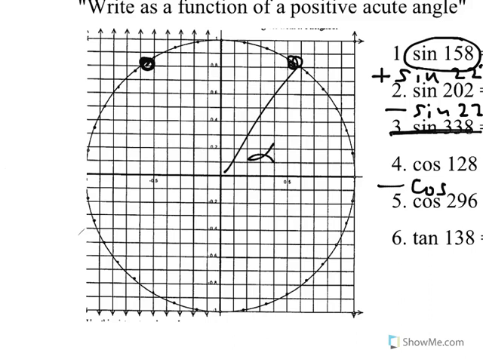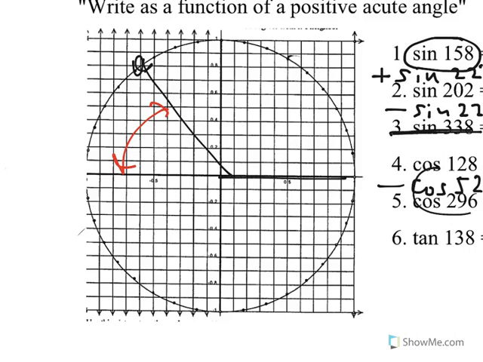But it's easier to find the reference angle by looking at how far away I am from the x-axis. So to do that, I do 180 minus 128, which is 52. So we say negative cosine 52.